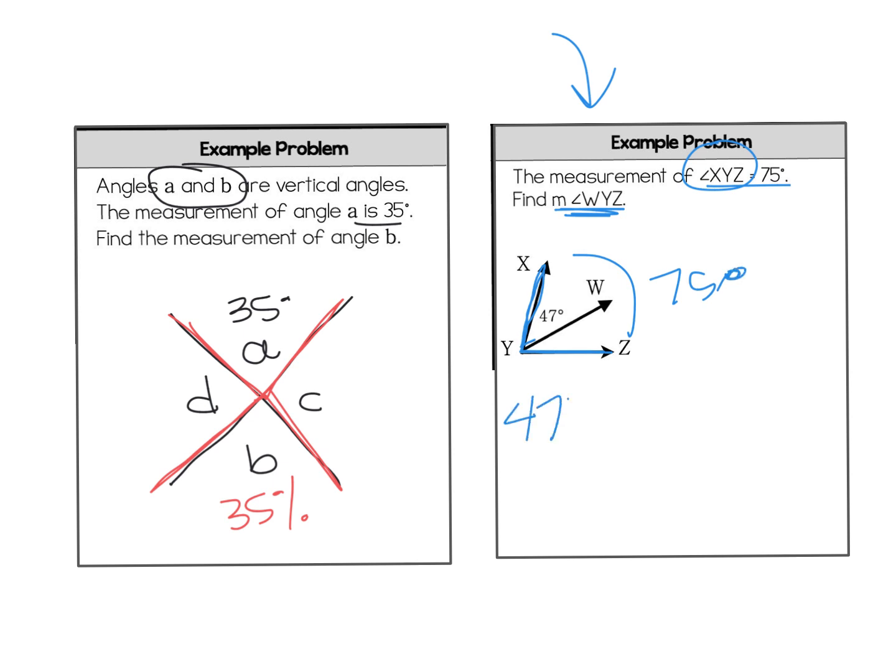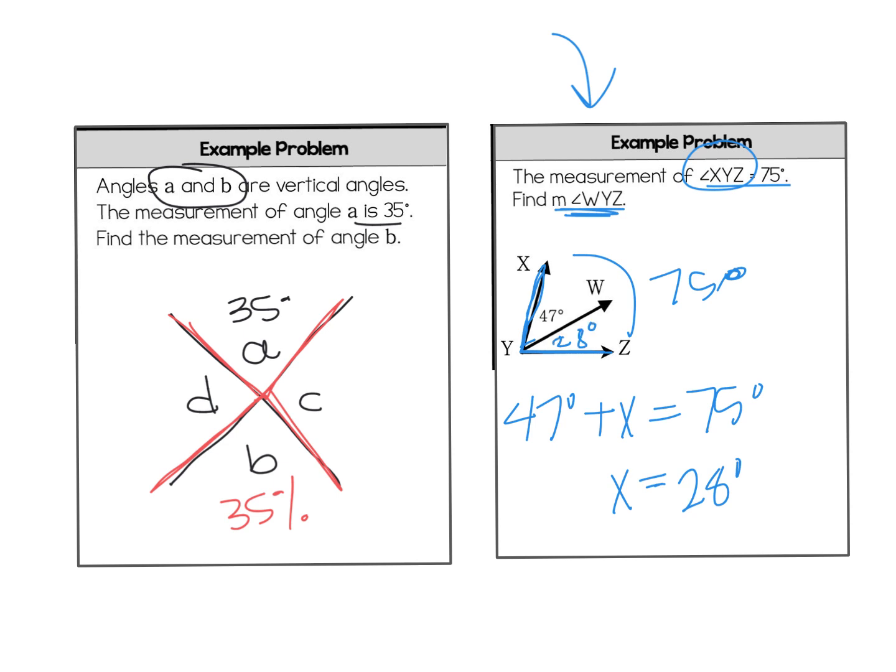So 47 degrees plus X equals 75 degrees. So then on both sides, we can just subtract 47 from both sides. So we can do 75 minus 47, and we would get X equals 28 degrees. So that would go right here, 28 degrees.